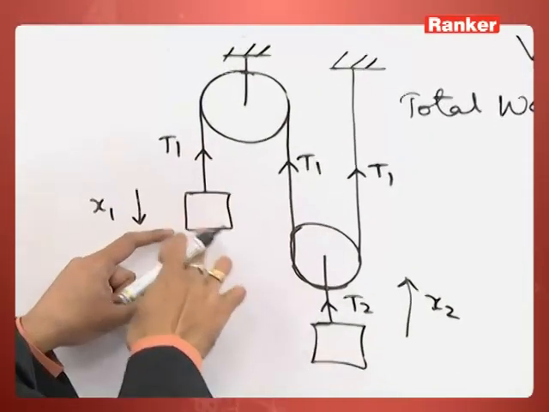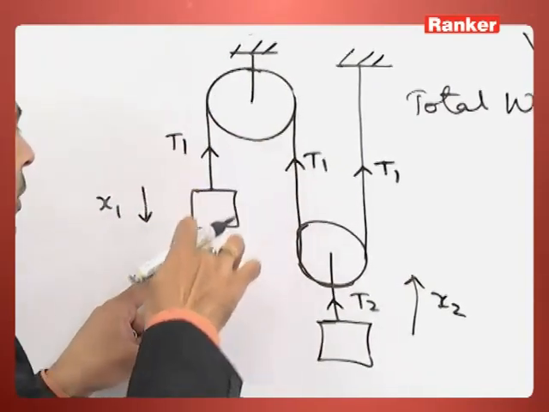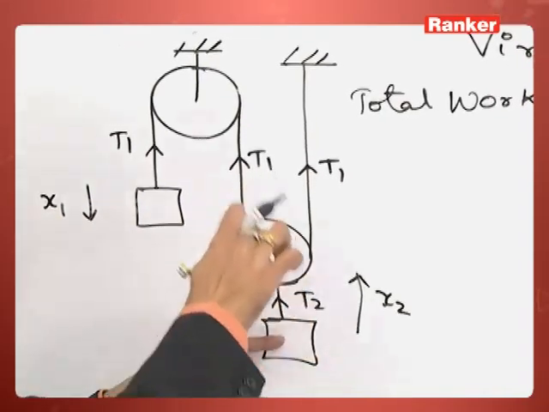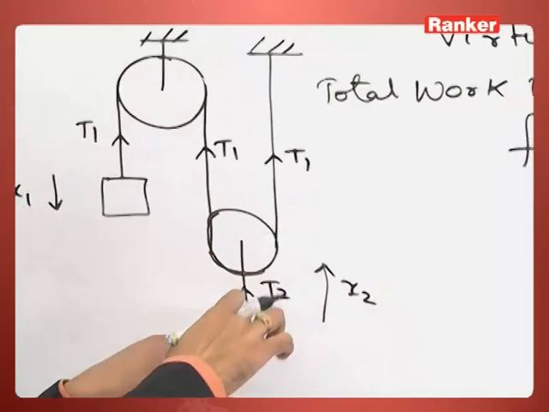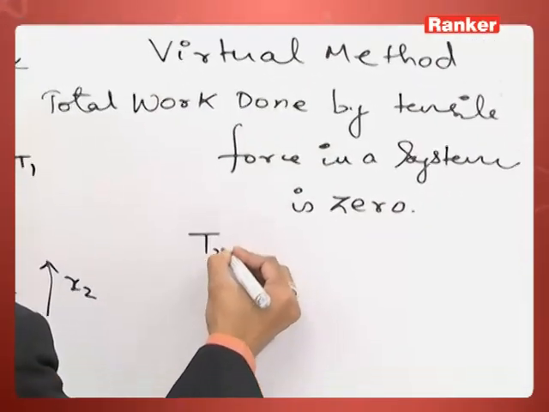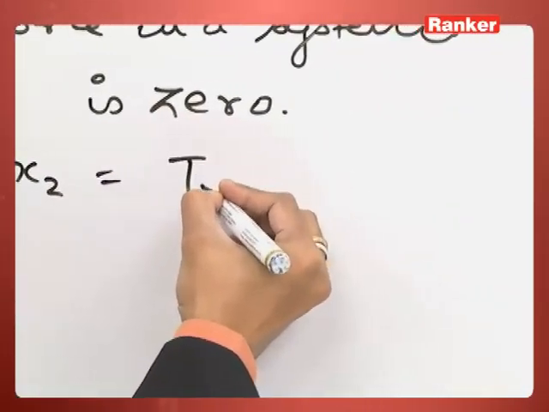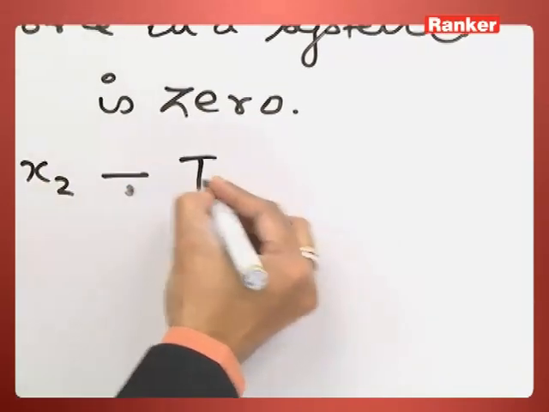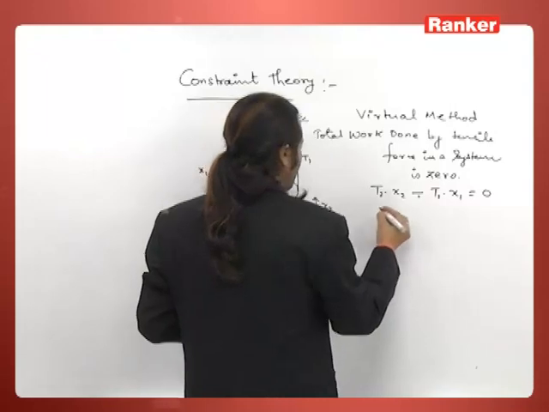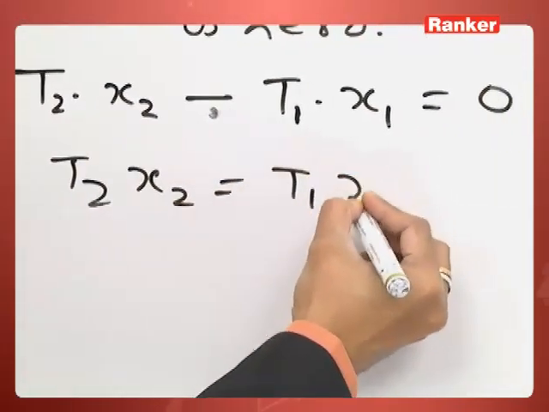If I take this block, the displacement is downward and tensile force is upward, so work done is negative. In this case, tension is upward and displacement is upward, so the work done is positive. So I can write T2 into x2 minus T1 into x1 equals 0, or T2 x2 is equal to T1 x1.